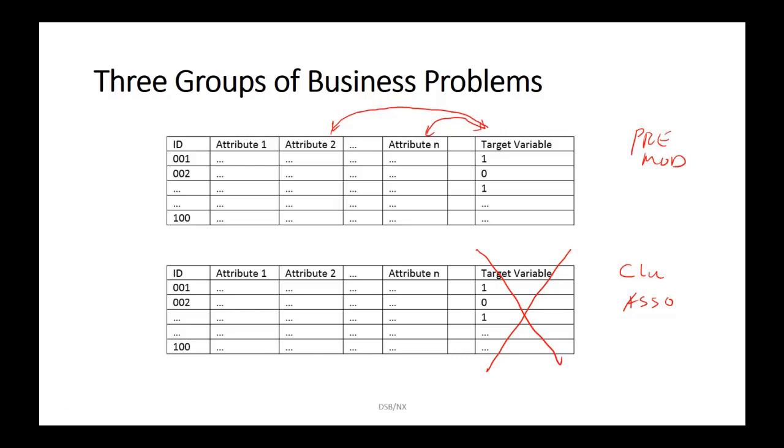In cluster analysis, we're trying to find patterns between instances, or rows. In association rule mining, we're trying to find patterns between any 2 columns or any combination of columns. So hopefully this distinction could help you identify what business problems belong to what groups.